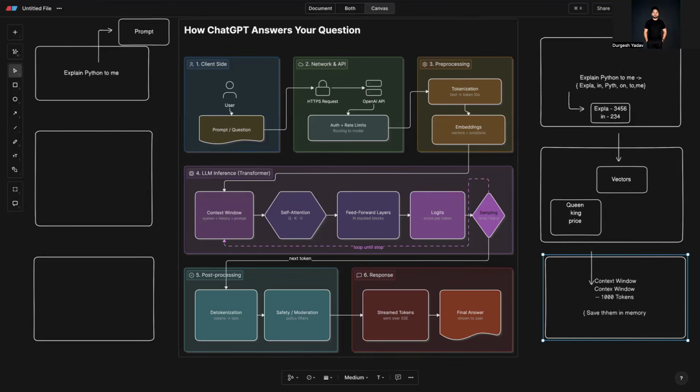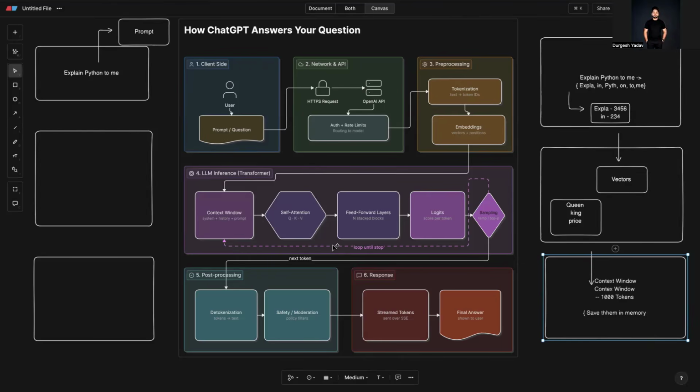Now, once your context window is defined and everything is done, AI has all the information in that particular window. At this point of time, something that works here is known as a transformer. Once this context window is done, the transformer starts working. You can think of the transformer as the brain of AI.